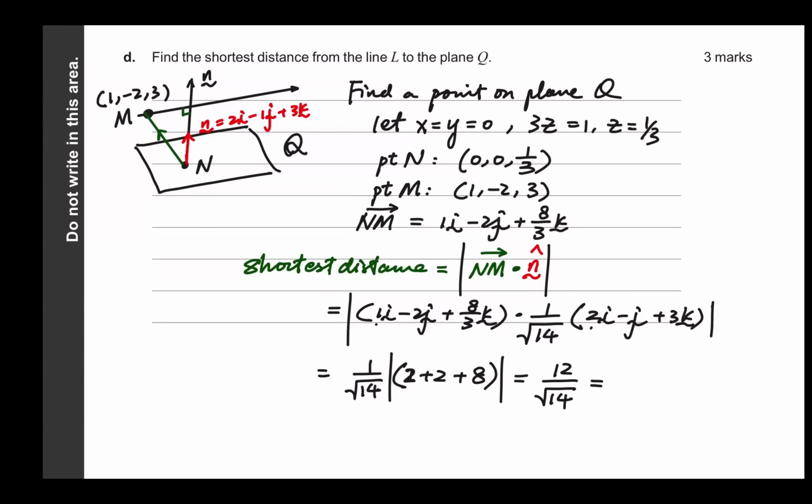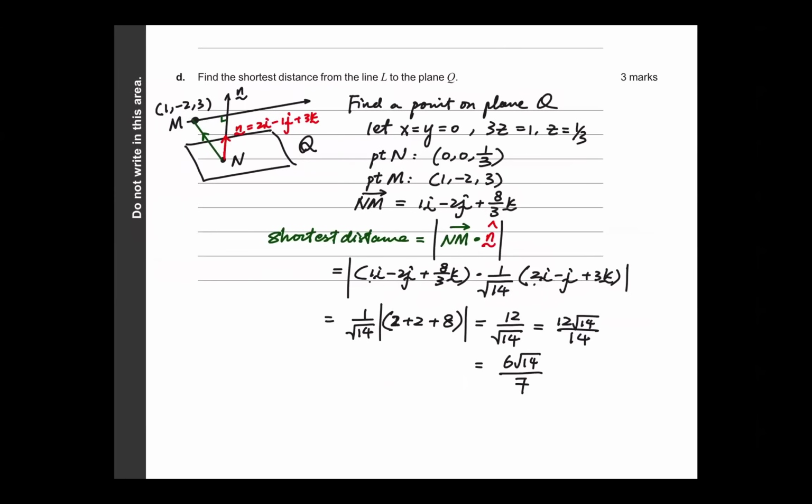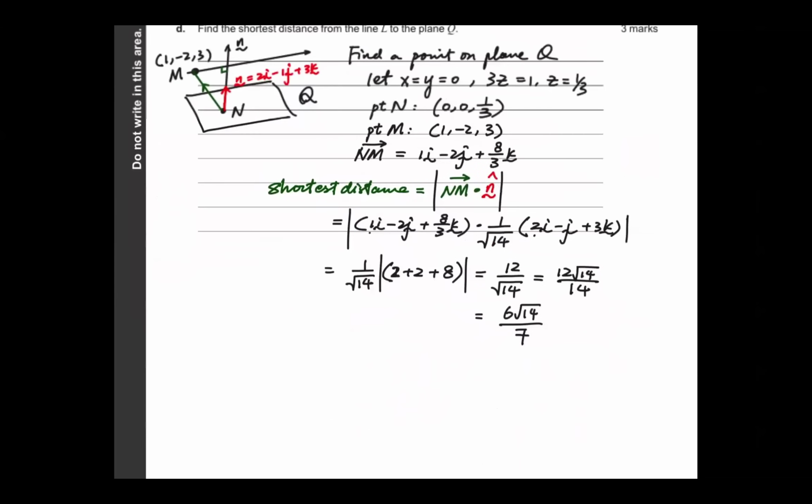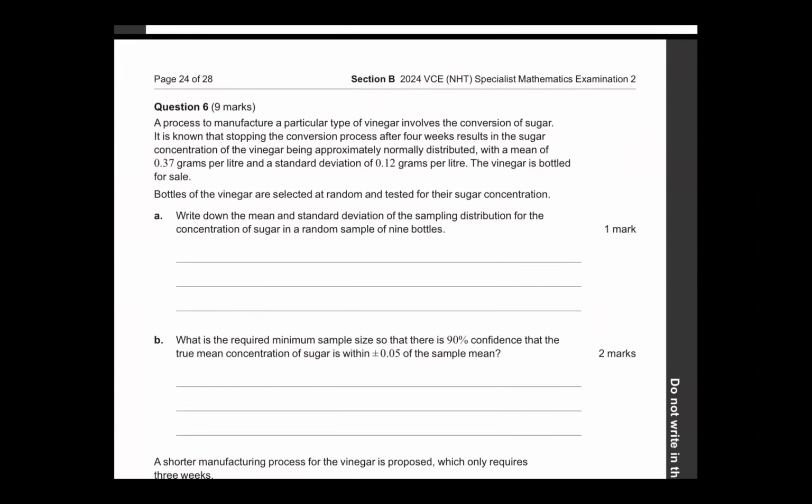And you could simplify this as 12 root 14 divided by 14 and get 6 root 14 over 7, I suppose. Okay, so that is the really straightforward vector lines planes question.